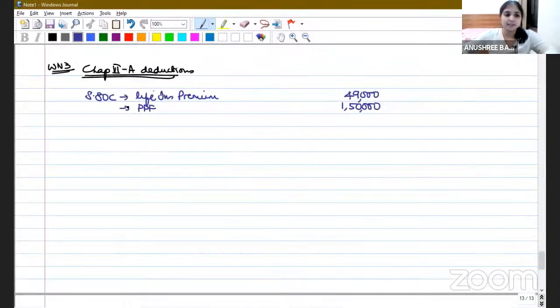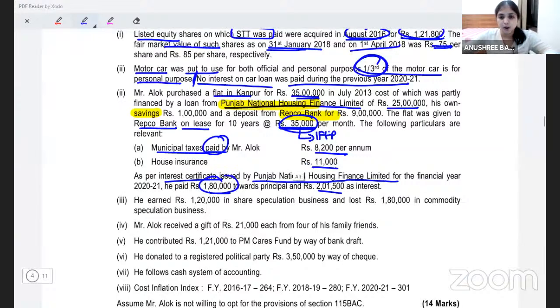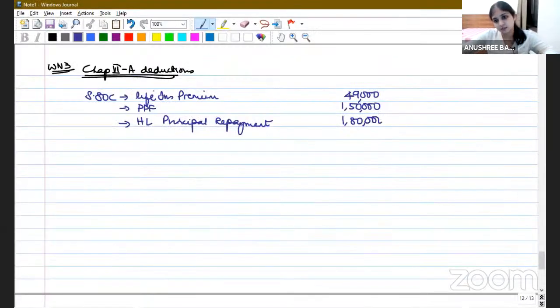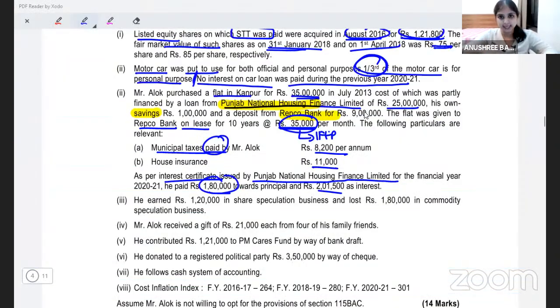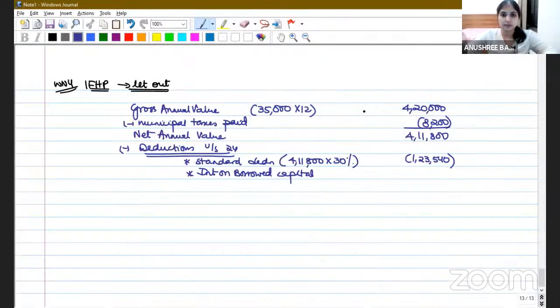So come to your chapter 6A under 80C, housing loan, principal repayment. How much did we repay towards principal? 1,80,000. Always remember, housing loan, principal component will go to 80C, interest component will come to IFHP section 24.